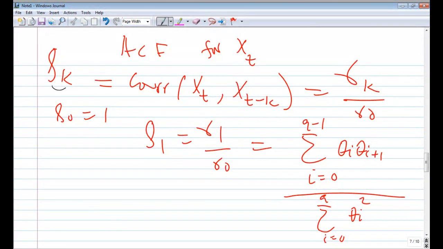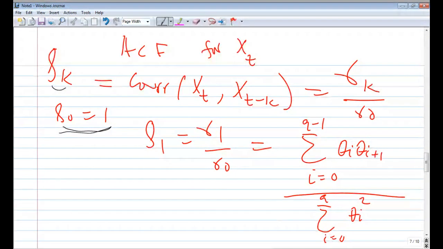However, if k equal to 0, rho 0 is equal to gamma 0 over gamma 0, which is equal to 1. You know from the properties of autocorrelation functions, rho 0 is always equal to 1. That is why I said there's no need to calculate the autocorrelation function at lag 0, because you know that is always equal to 1. So you can just write rho 0 equal to 1 without calculating it.